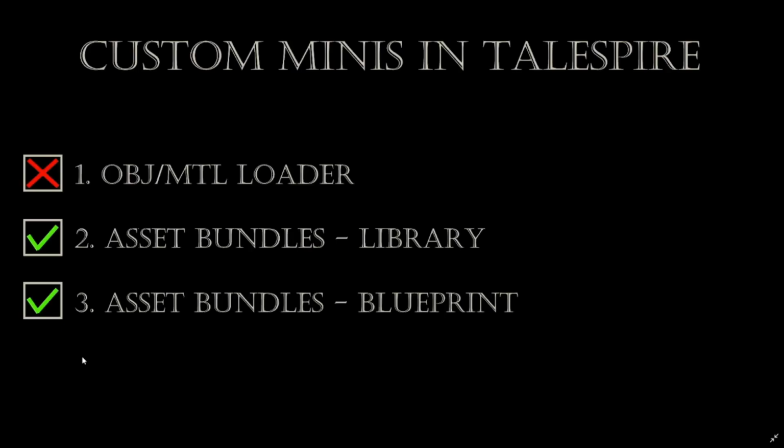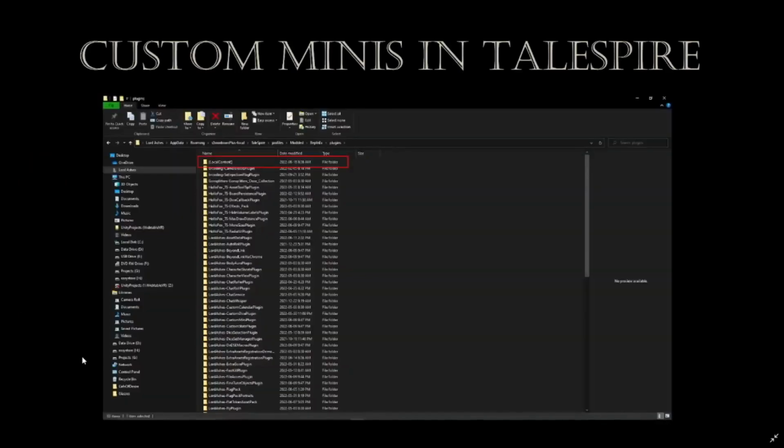So what you need to do is locate the folder where your plugins are installed. Typically on a Windows machine, that's going to be your C drive or whatever your main drive is. Users, then your username, such as Lord Ashes. AppData, Roaming. R2modmanPlus-local.